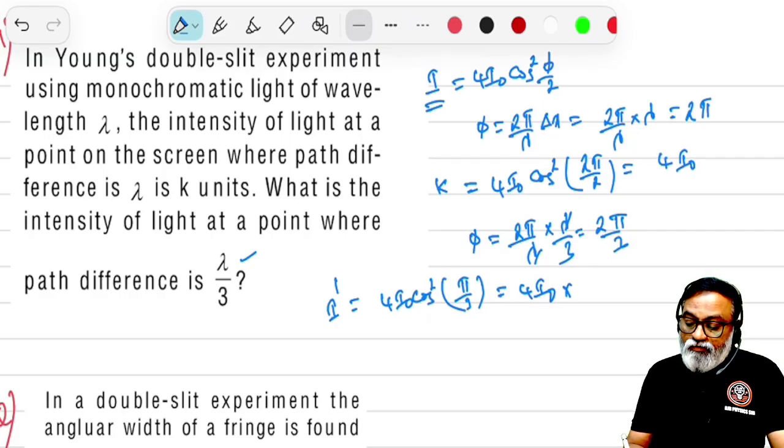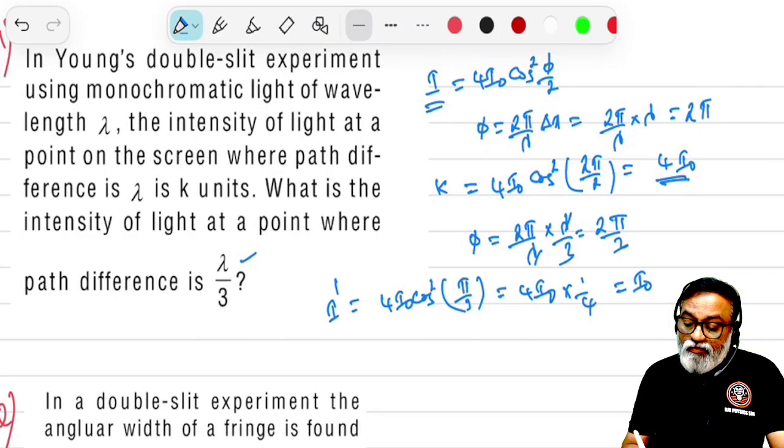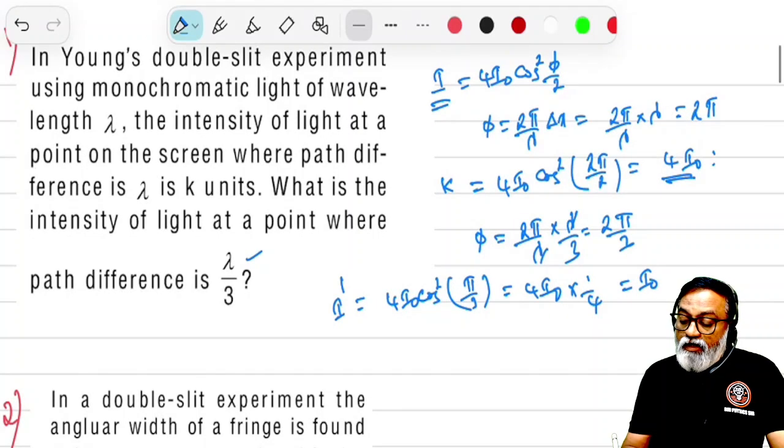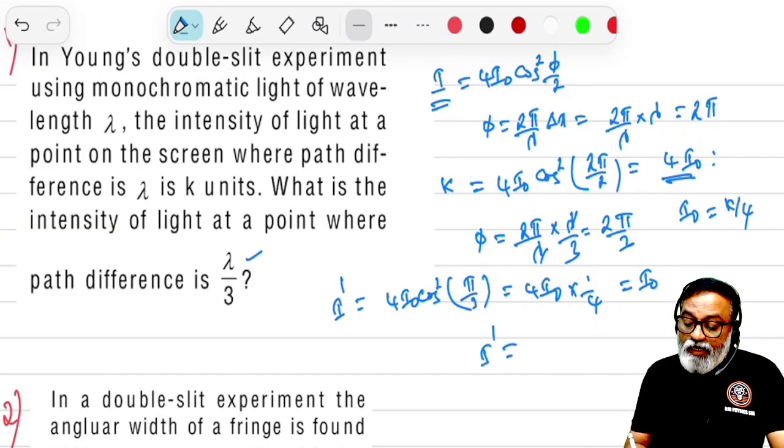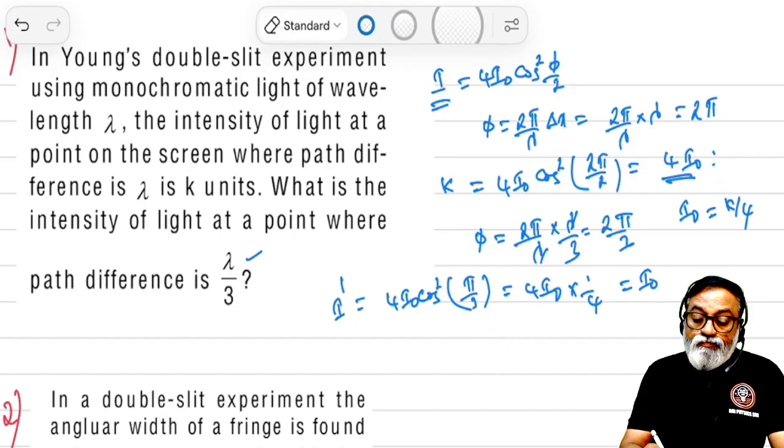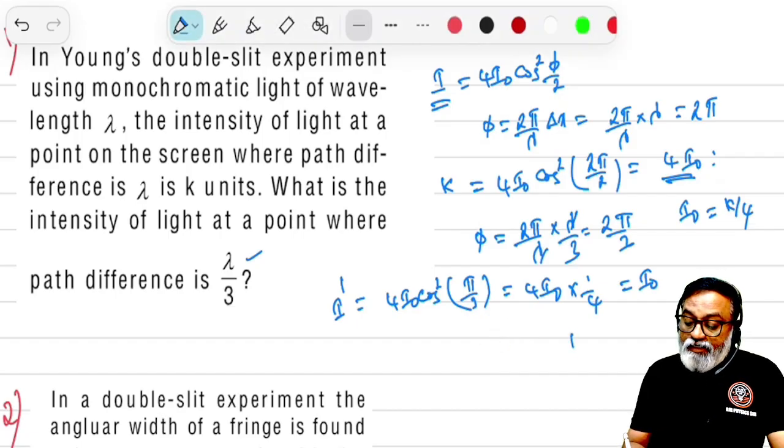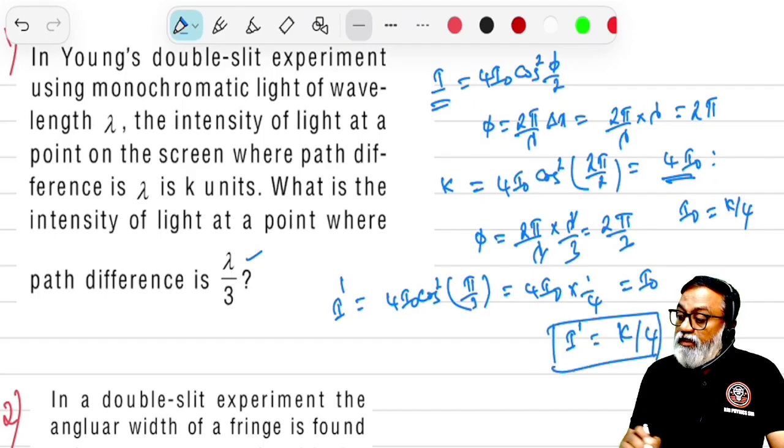Cos 60 is 1 by 2, cos square is 1 by 4. This becomes I naught. But here 4 I naught is k, therefore I naught is equal to k by 4. Therefore, I dash is equal to k by 4. This is the intensity.